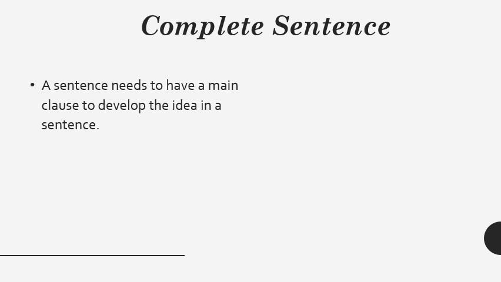How would the sentence give me a complete thought, and how can I consider it a complete sentence? There are main parts that must be found in the sentence in order to say that this is a complete sentence. What are these main parts?